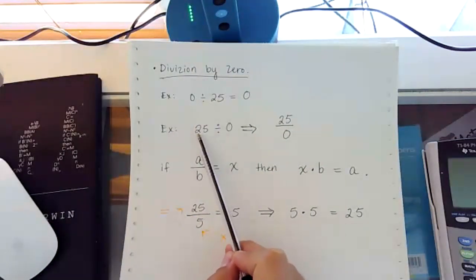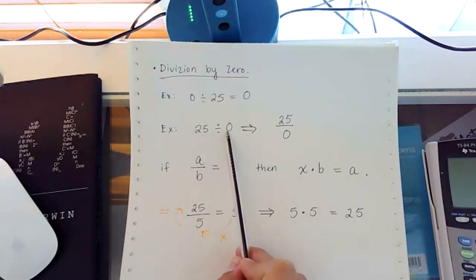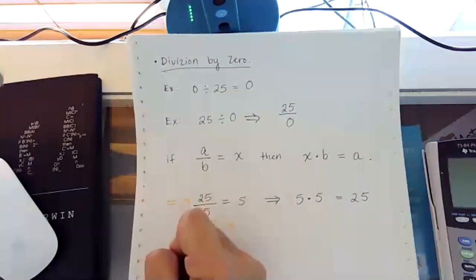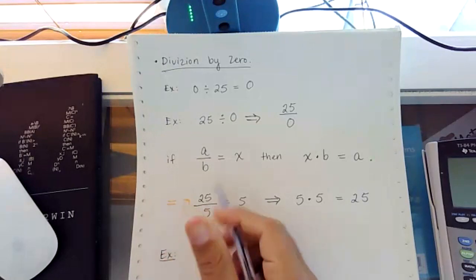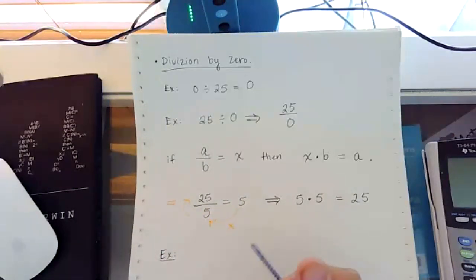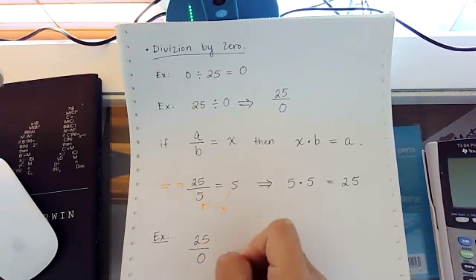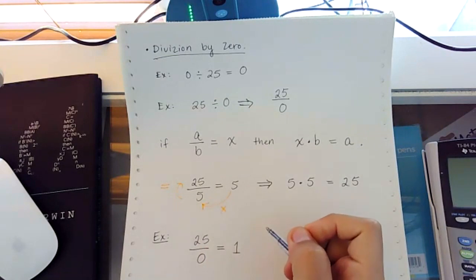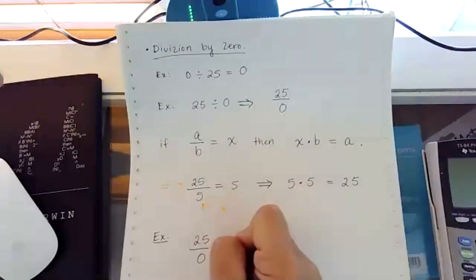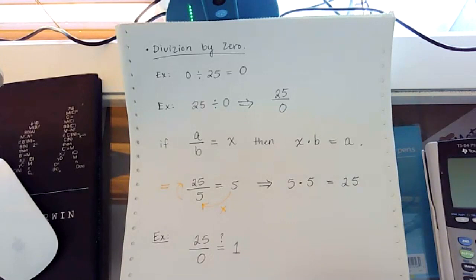So let's go back to this example that I'm talking about here, 25 divided by 0, and think about that in terms of this new definition of division. Okay, so 25 divided by 0, if it equals 1, right? And I'm not saying that it does equal 1, so let me put a little question mark here.